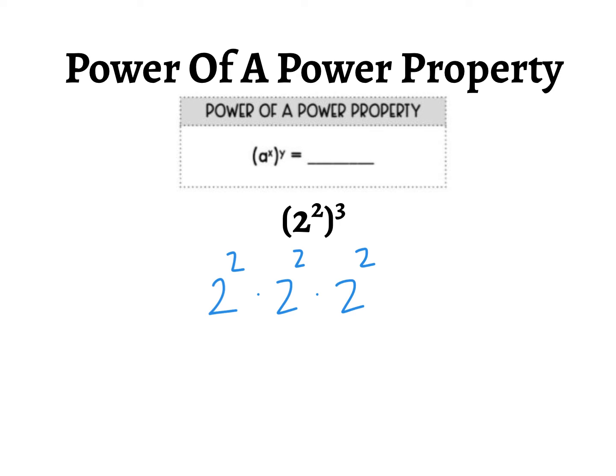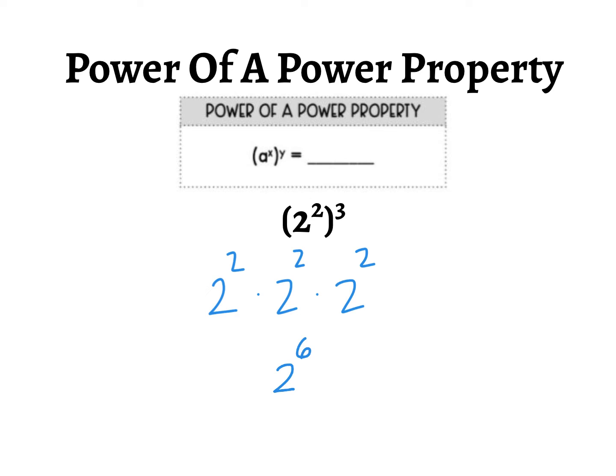Let's back up. We're correct with the idea that 2 squared to the third power means 2 squared times itself 3 times. What's happening here is I'm raising this to an exponent. So I'm going to add up the terms. 2 plus 2 plus 2, which gives me 2 to the 6th power.